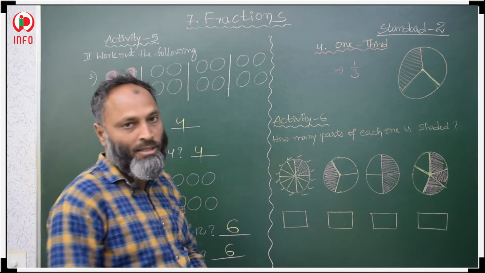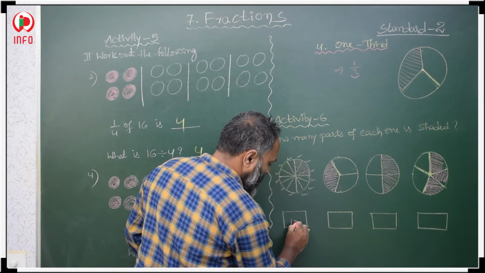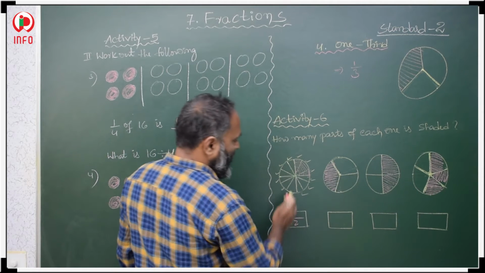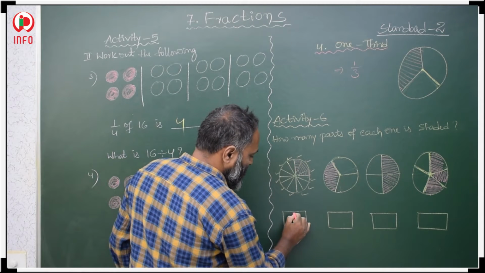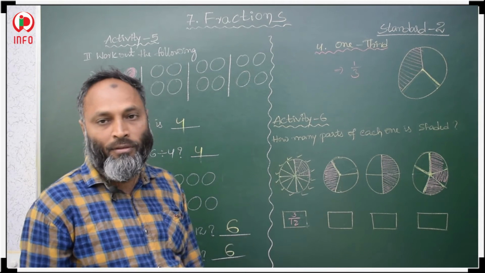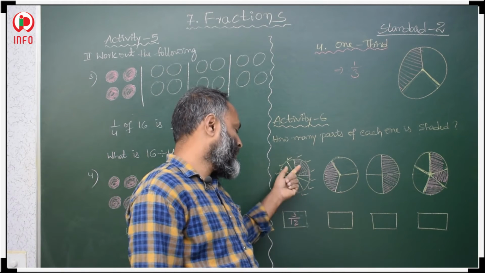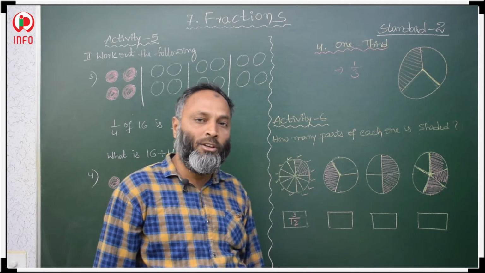Total 12 parts, which we have to write in the denominator. In the 12 parts, 1, 2, 3, 3 parts are shaded, that is 3/12. Total parts we have to write in the denominator and the number of parts shaded in the numerator.